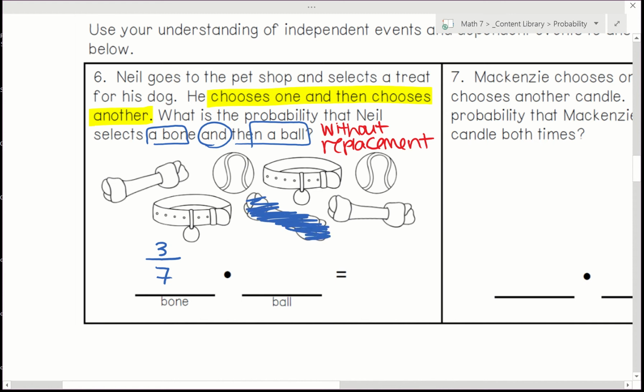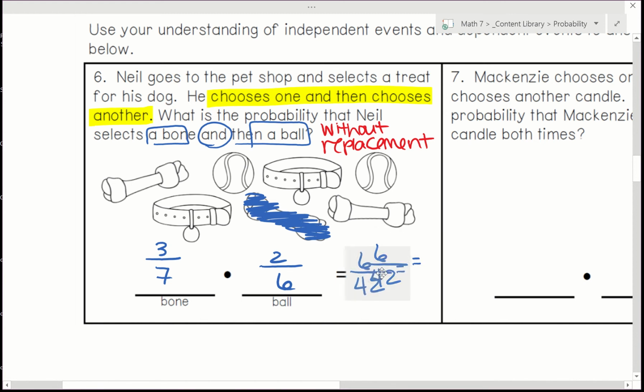So that bone now no longer exists. What's the chance of him getting a ball? Well, there are 2 balls left out of 1, 2, 3, 4, 5, 6 items now. We multiply across, and you get 6 out of 42, which can then be reduced.